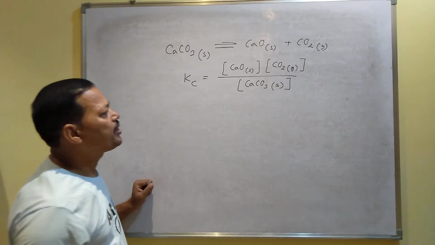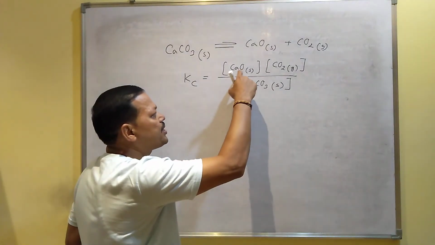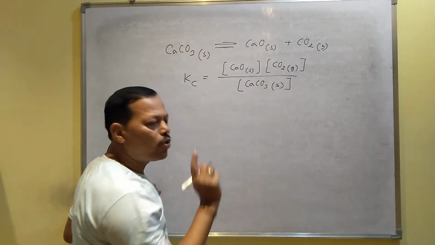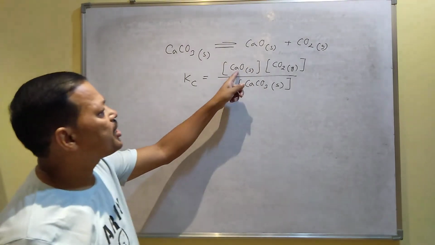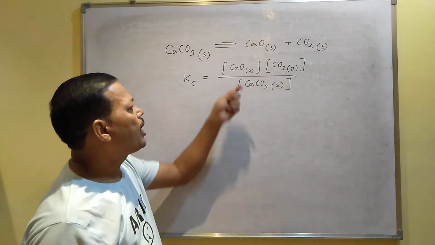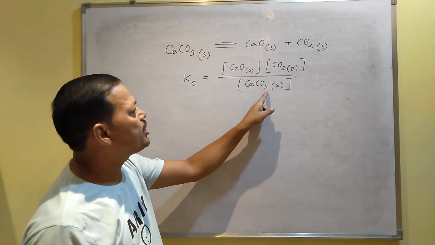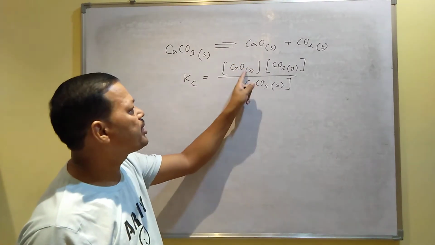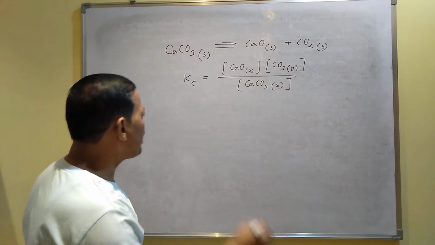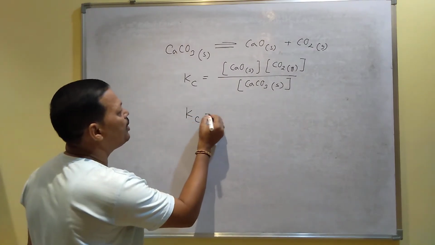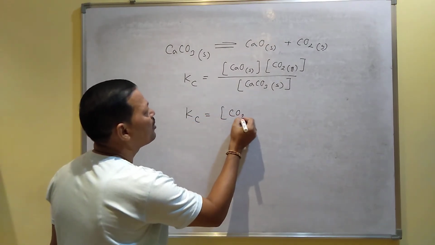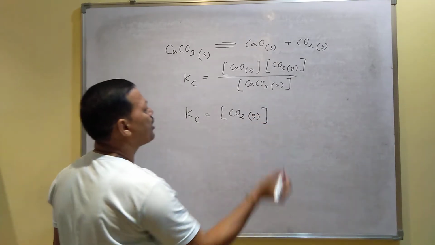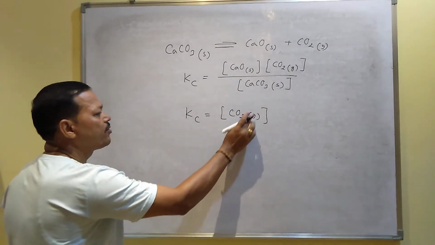But always remember one thing, if the substance is solid, for a solid substance, the concentration is always considered as 1. I mean, this value you can consider as 1, this value also you can consider as 1 because they are solid substances. So that is why Kc is equal to, you can write, the concentration of only carbon dioxide gas.